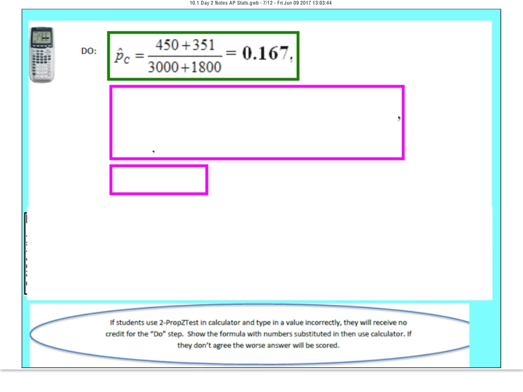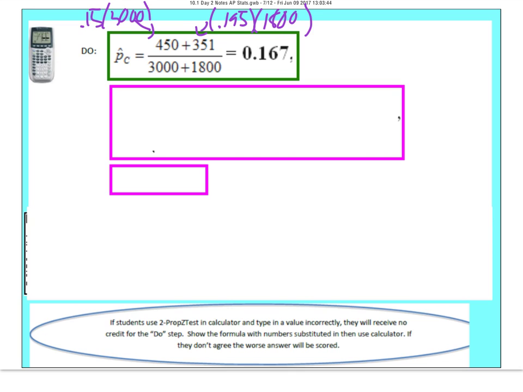For the 2000 year, 450 students had the hearing loss, and for the other one, 351. Where did that come from exactly? Well, they never gave the 450 students, but they told us 15% of 3,000, which is this, and then we have 19.5% of 1,800, which is this, and then our total counts. So the pooled proportion in this case is 0.167.